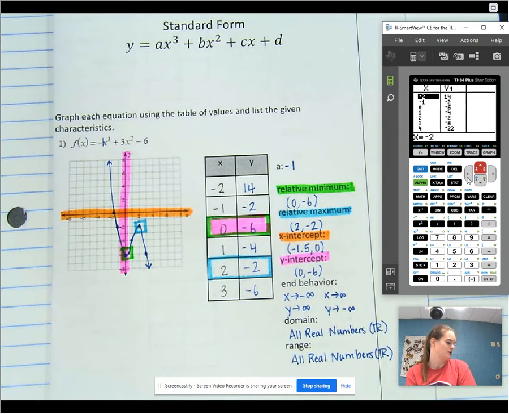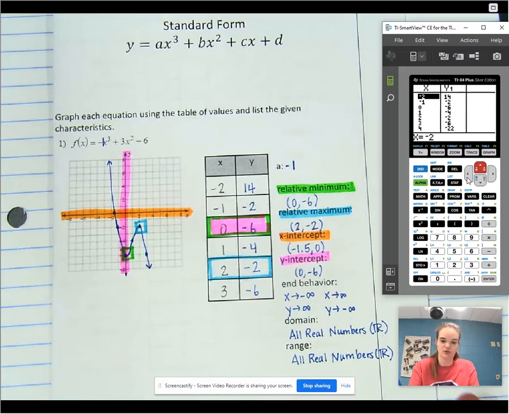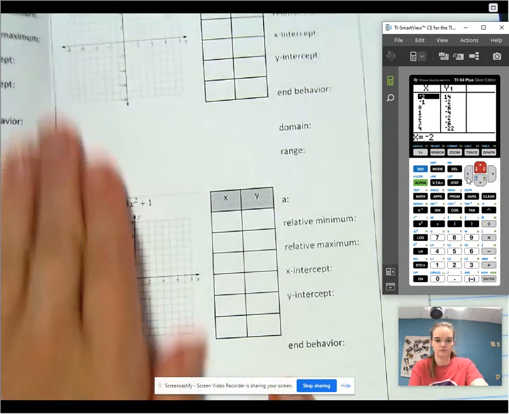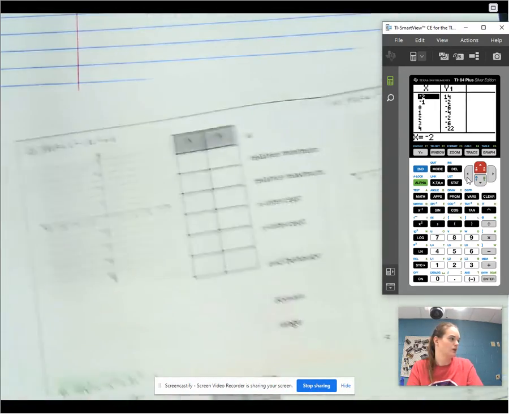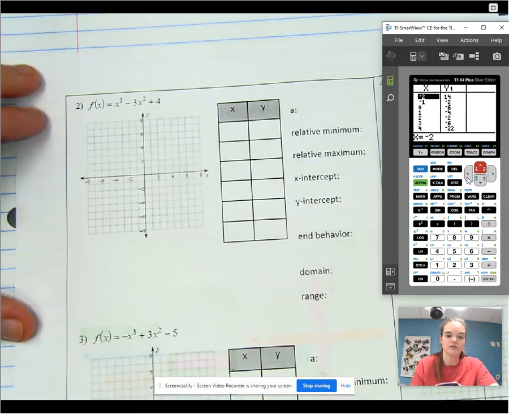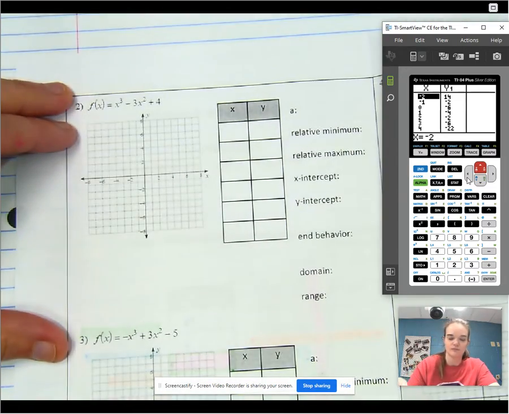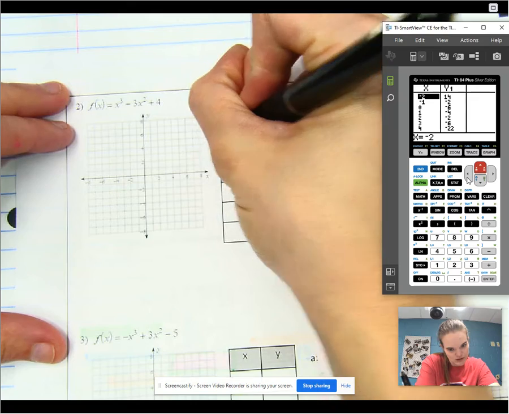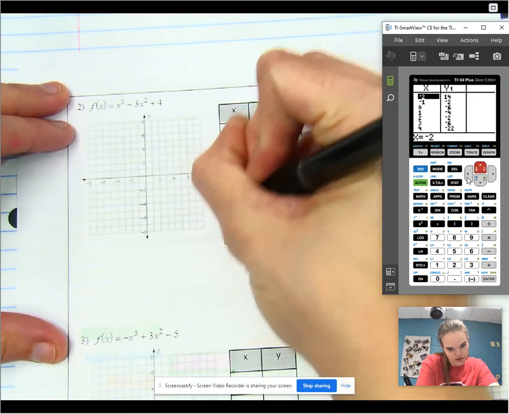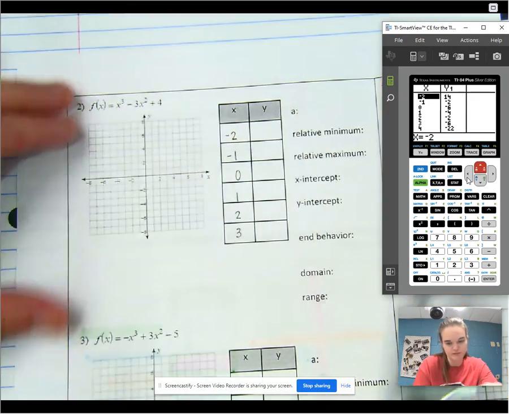I'm going to open this up and do number 2. We're going to put the same values in there: -2, -1, 0, 1, 2, 3.